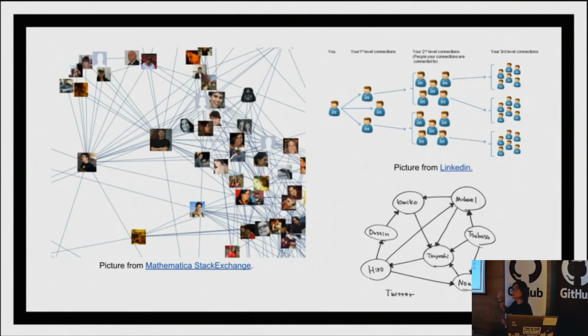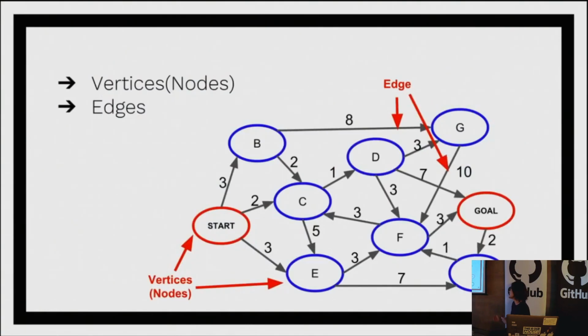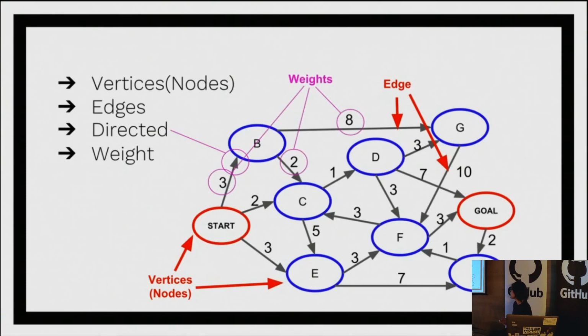But on Twitter, I follow someone, but maybe he doesn't follow me. It's one direction. So this is directed and undirected. Dijkstra's algorithm uses a directed graph. And one more thing is weight. Weight is a kind of edge parameter, similar to distance or time.